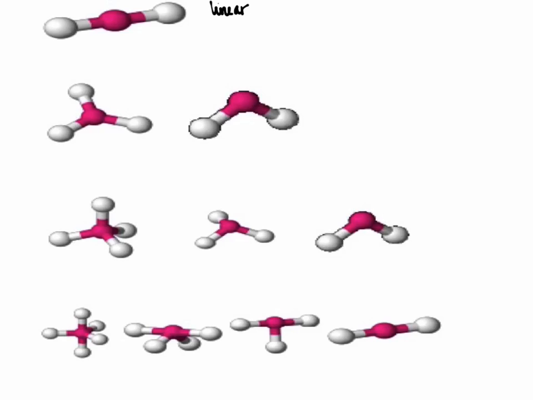To further classify it, the shape is linear. So we have two areas of electron density here. And the bond angle is 180 degrees. So if we're going to look at this and we're saying they're both the same atom hooked up to this, then the polarity would be non-polar.